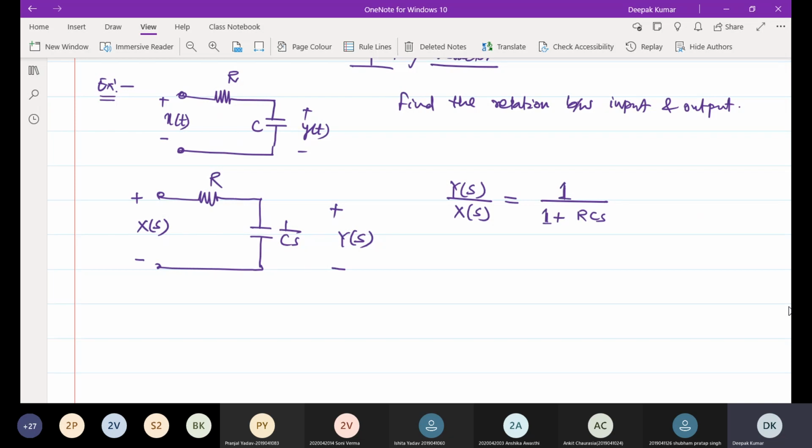You will get this relationship with one or two steps in between. Put RC equal to the time T. It is also called the time constant.